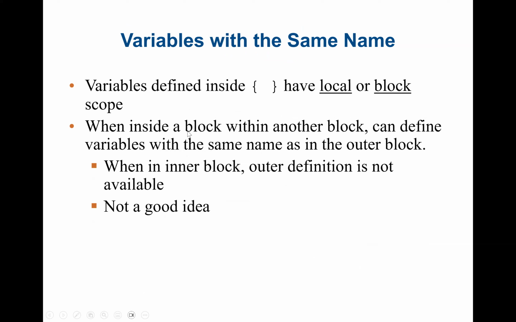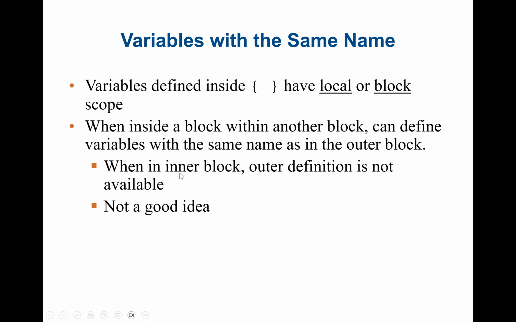When inside a block within another block, we can define variables with the same name as in the outer block. Why? Because they cannot see each other. Now, we cannot declare two variables with the same name in the main function because they will see each other. But here we are talking about a block and also another inner block.